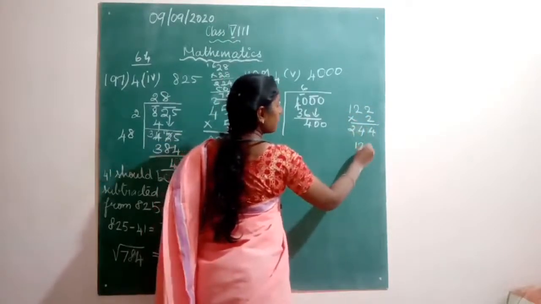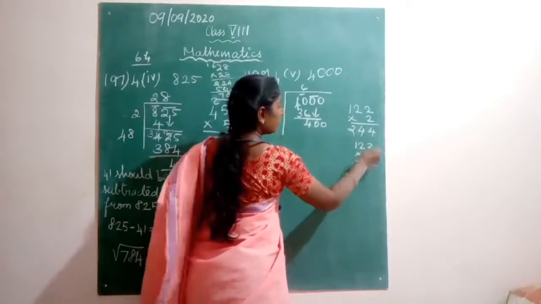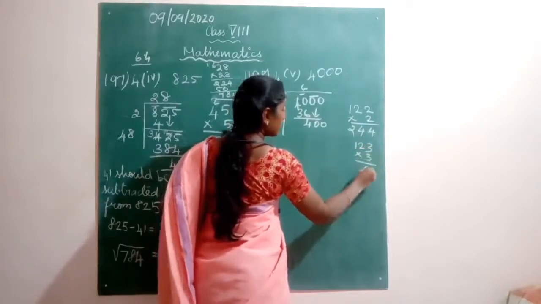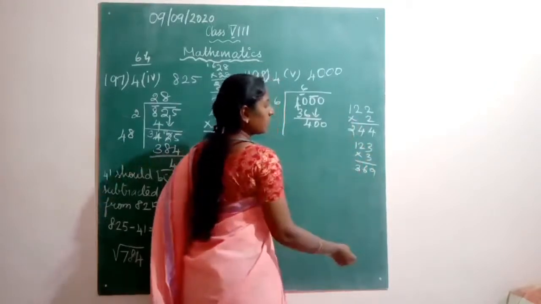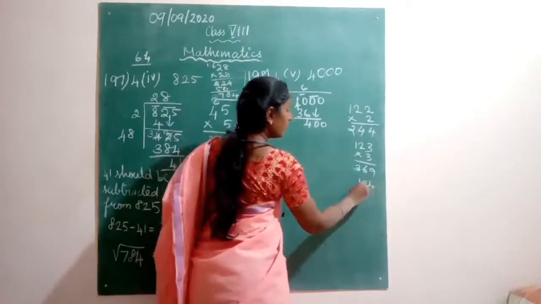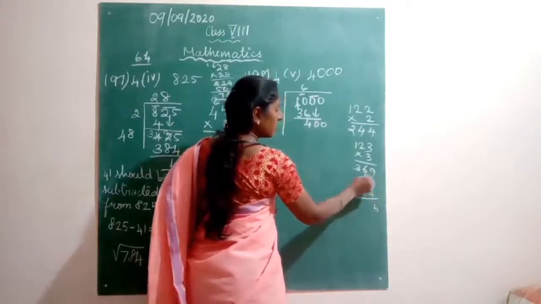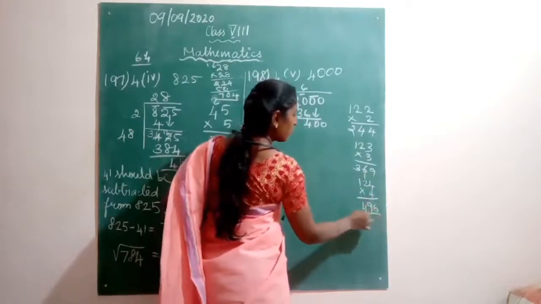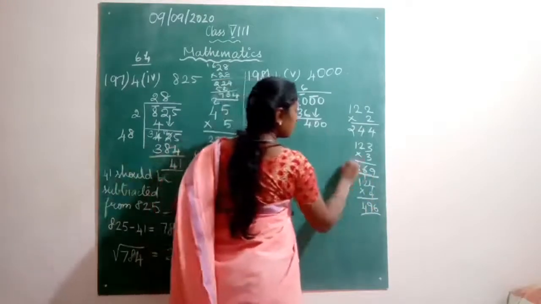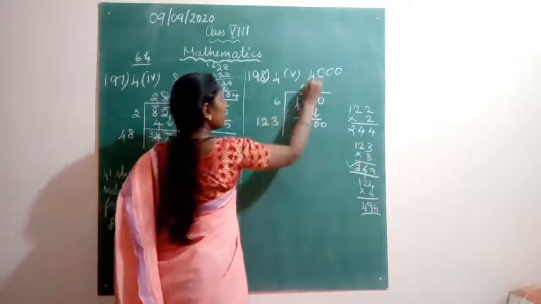Next, 123 into 3, 3 3s are 9, 3 2s are 6, 3 1s are 3. Okay, next 124 into 4, 4 4s are 16, 4 2s are 8, 8 plus 1, 9, 4 1s are 4. This is beyond 400. So take this one.